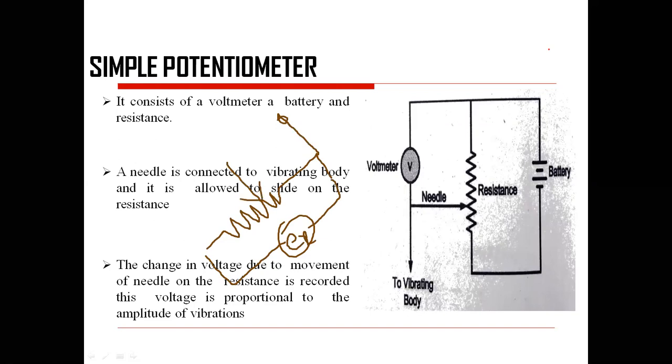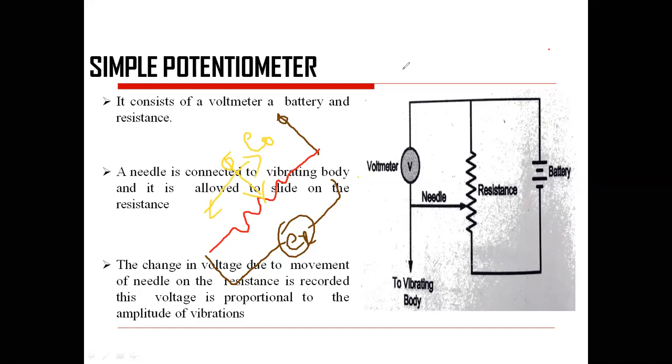So I will represent that particular part with the other color. So over here I am having this pointer. Now what is happening? Here I am measuring the output voltage. Here I am providing the excitation. I am getting the voltage as I move this back and forth.